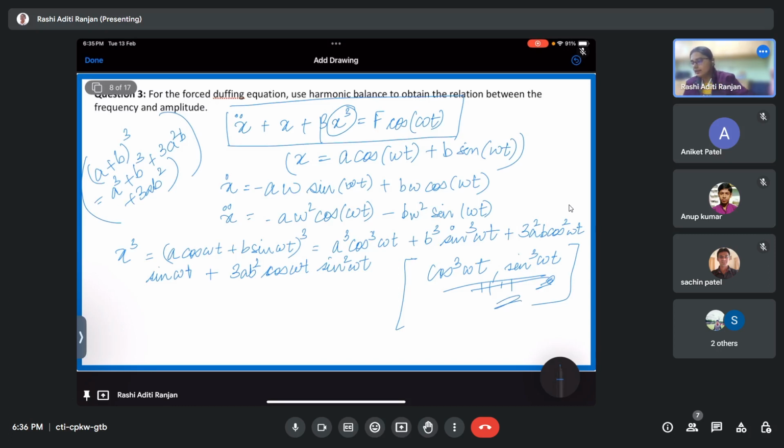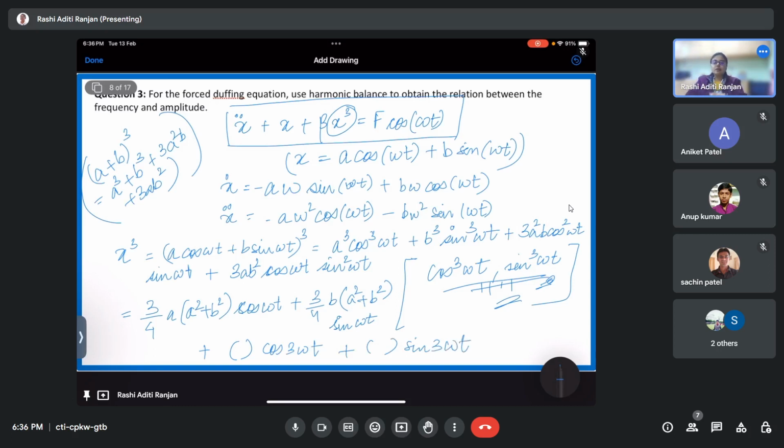I'll just write the final result. It will be 3 by 4 a into a square plus b square cos of omega t plus 3 by 4 b into a square plus b square sine of omega t, plus something into cos 3 omega t plus some constant into sine of 3 omega t.